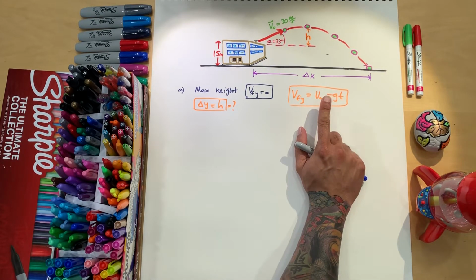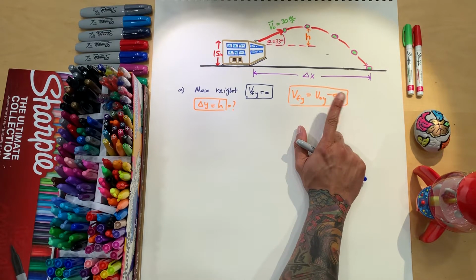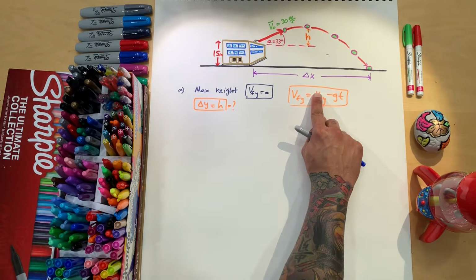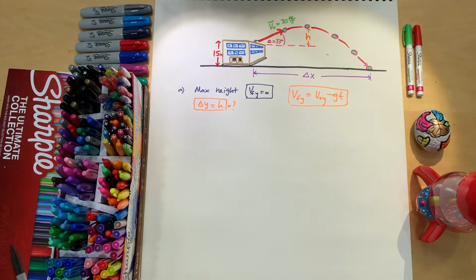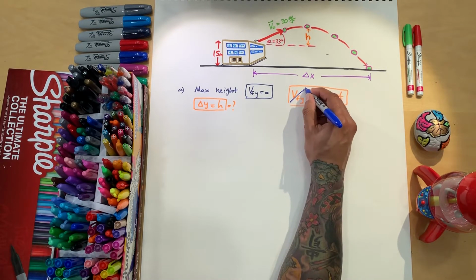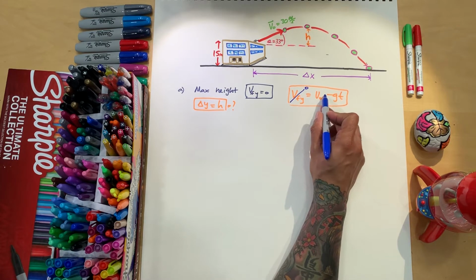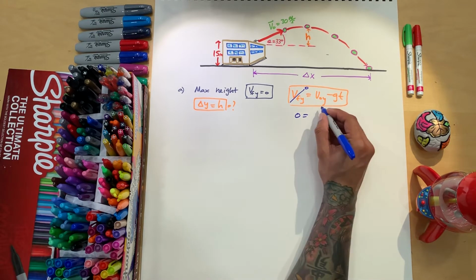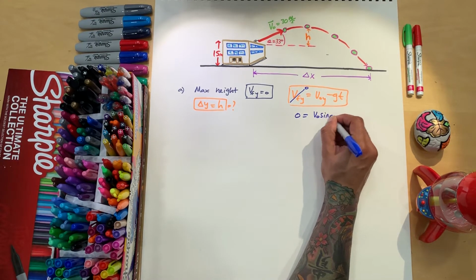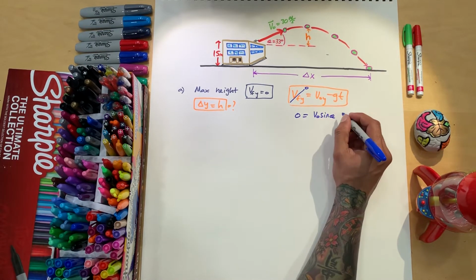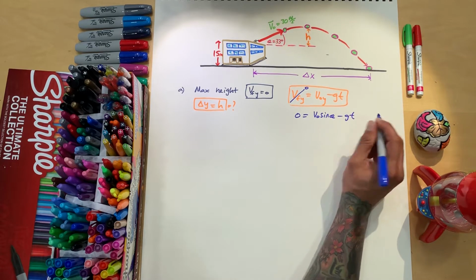Velocity initial in the y, we do not know, but we do have an angle, so we can open this up, and this is 0. So let's just plug things in. We got this being 0, and let's change this to V initial sine theta, so it's in component form, and then minus gt.